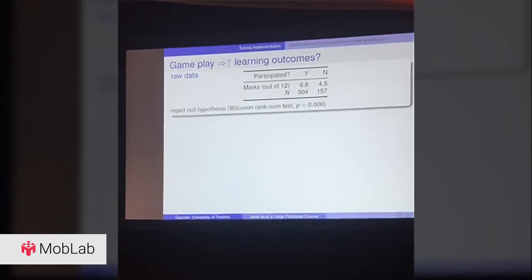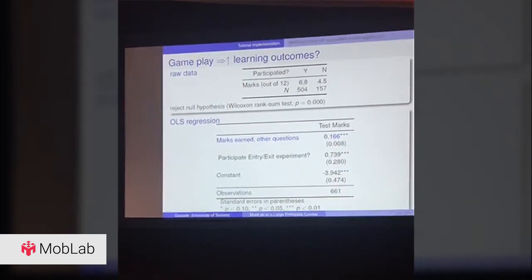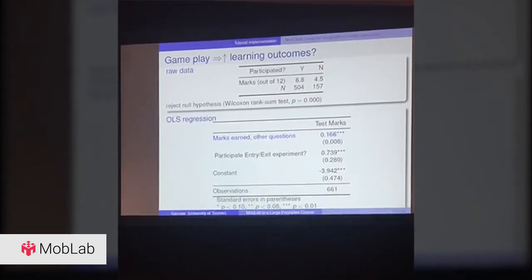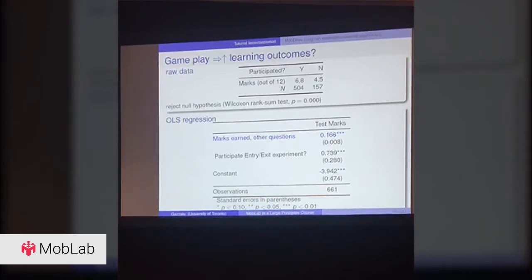Unsurprisingly, people who participated in the tutorial did a lot better on this question than people who didn't participate in this tutorial. And your first thought should be selection. People who show up at tutorials are different. And I agree. So what I've done is I run a regression where I control for the marks earned on other questions.